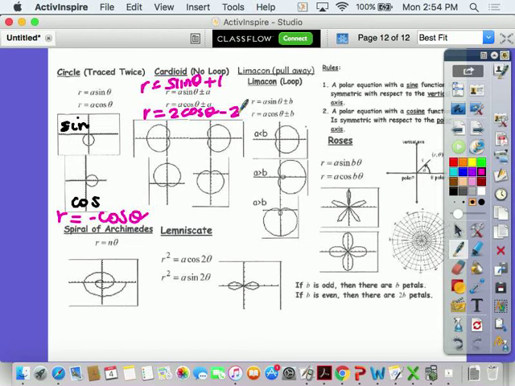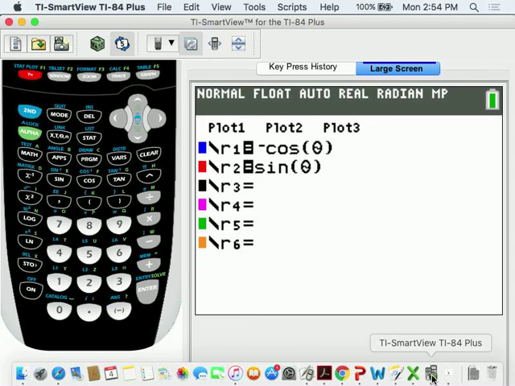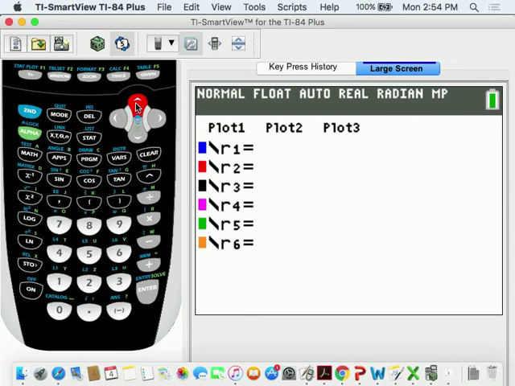So we're going to actually graph the top one, sine theta plus 1. So let's go back to our graph, sine theta plus 1. Now, is this going to have polar axis symmetry or vertical axis symmetry? Vertical. Why? Because it's sine.